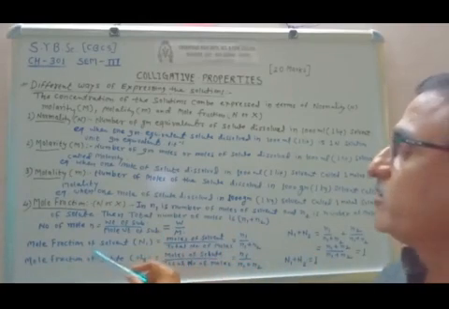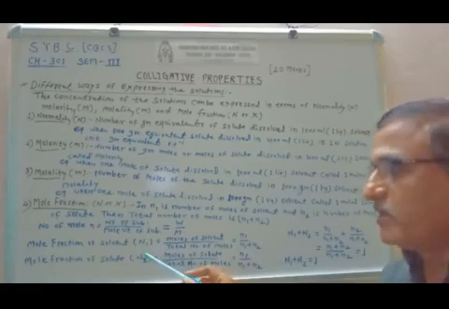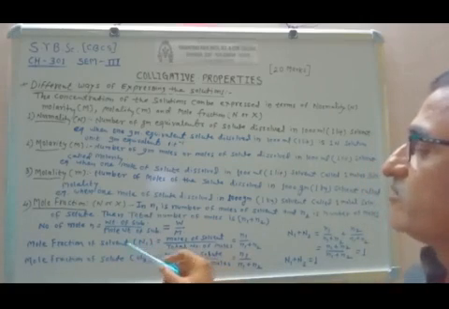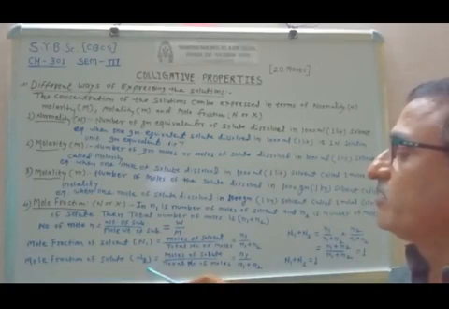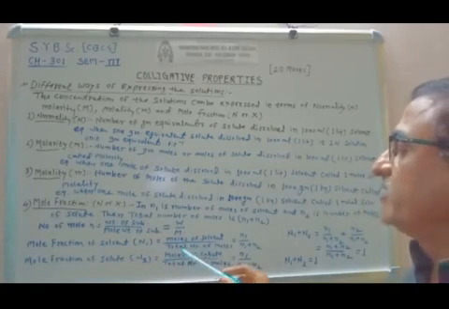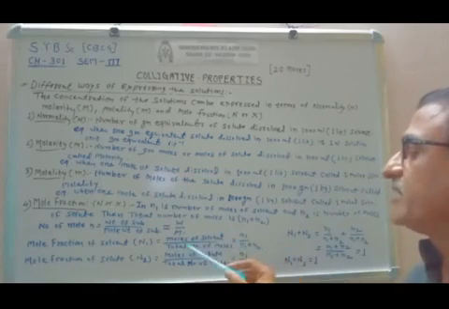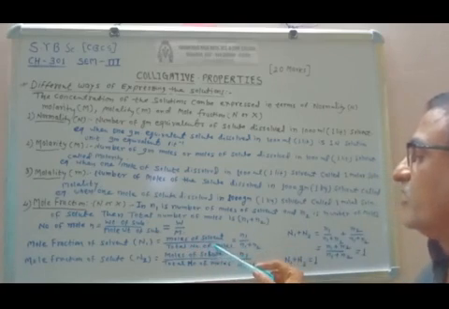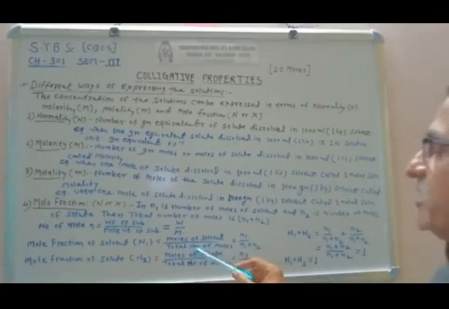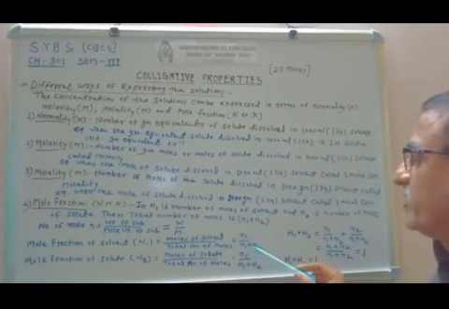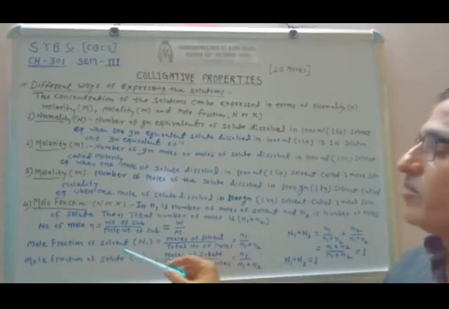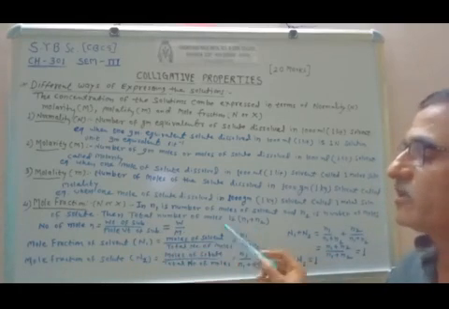Now for mole fraction, capital N1 is for solvent and capital N2 is for solute. The mole fraction of solvent is equal to moles of solvent divided by the total number of moles of solvent and solute together. So N1 divided by N1 plus N2 gives the mole fraction of solvent.